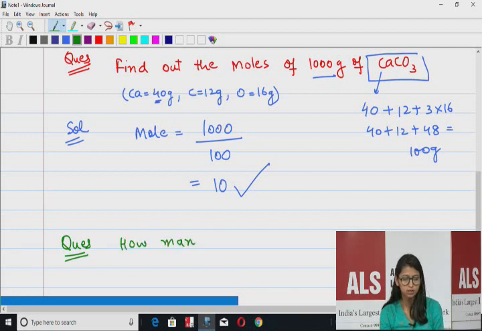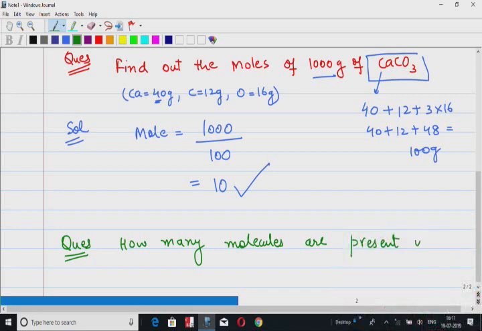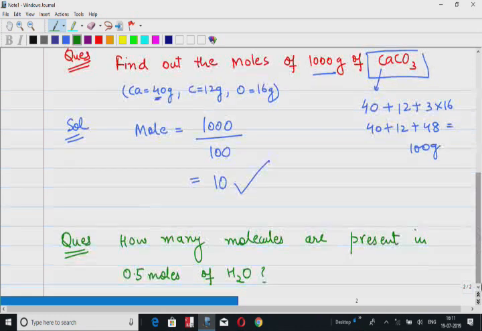How many molecules are present in 0.5 moles of water? Do it.